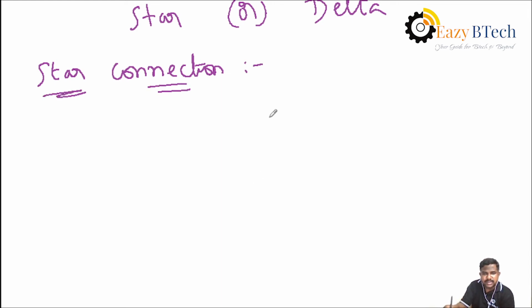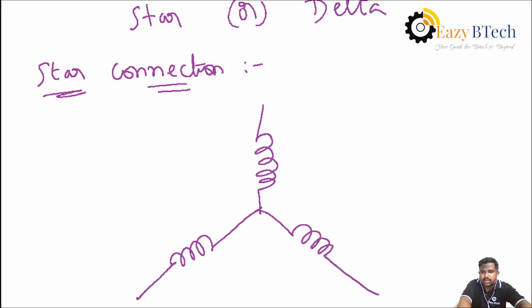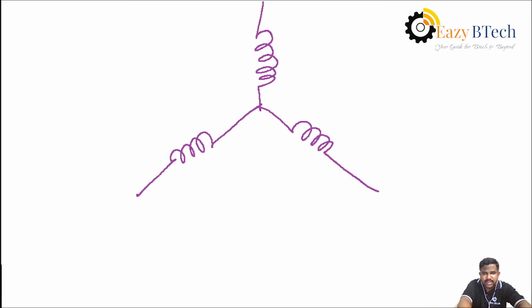Suppose we consider this is one winding, this is the second winding, and this is the third winding. We consider three phase windings. Then here one node point will be formed, so this is called the star point.